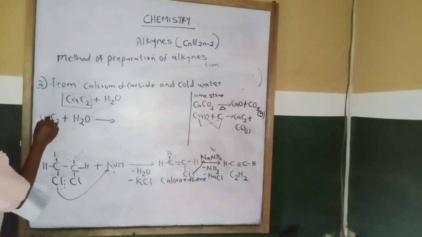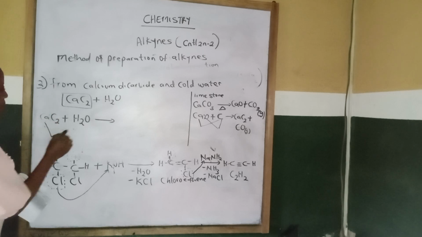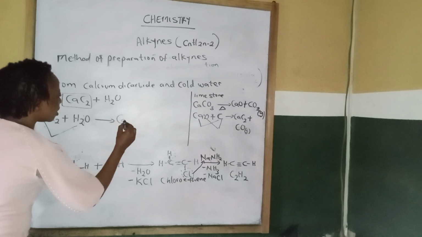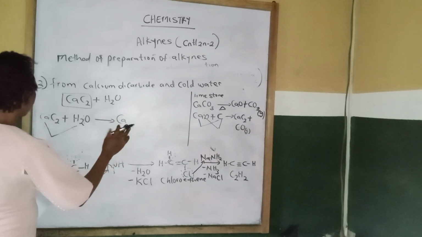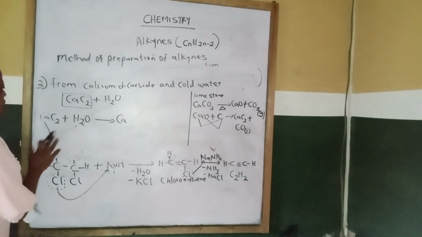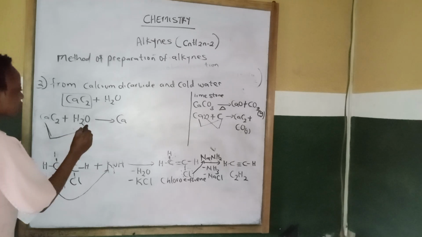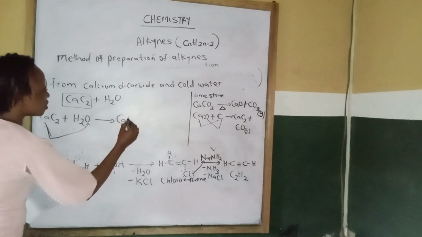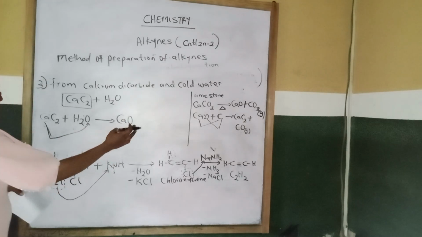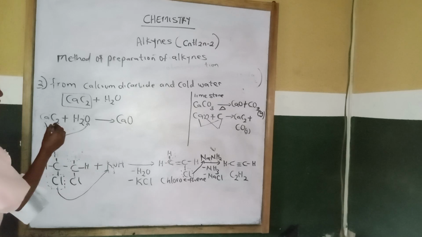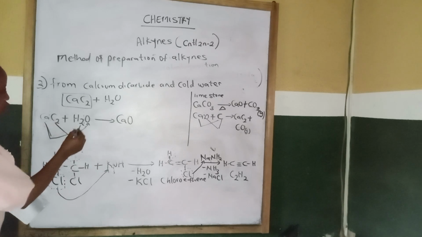Calcium, which is positive, will combine with oxygen to give us CaO. That is calcium oxide, which is called quicklime.